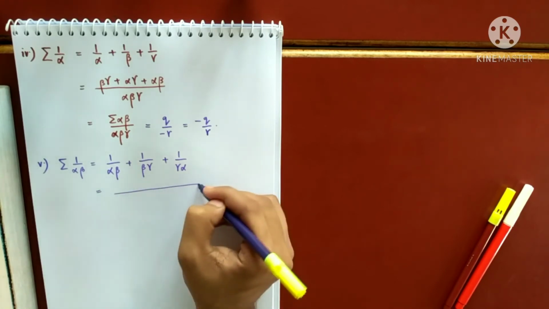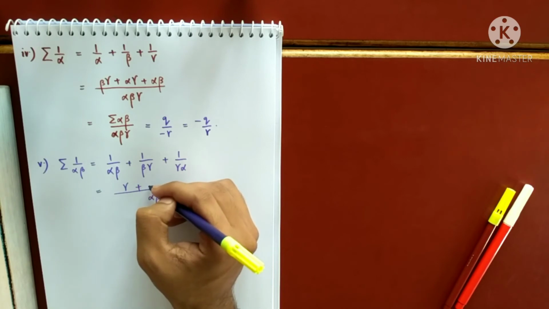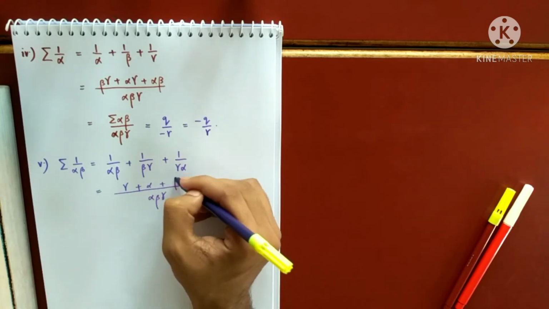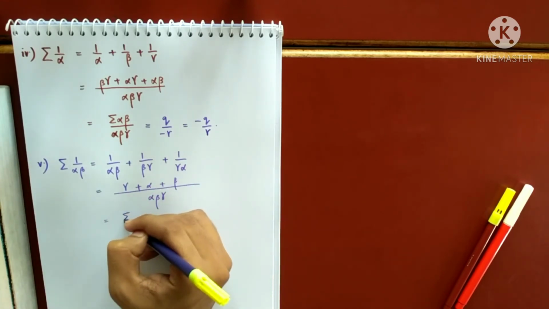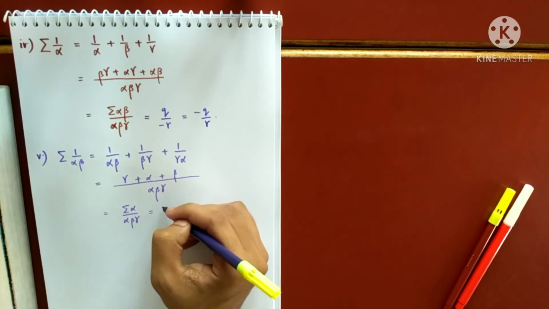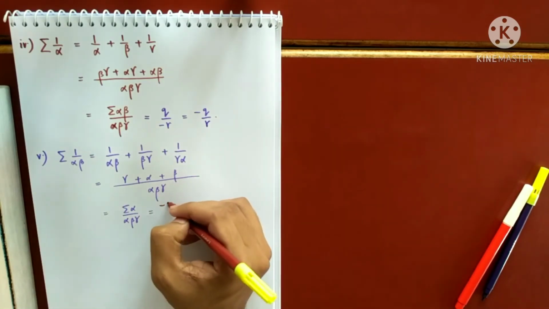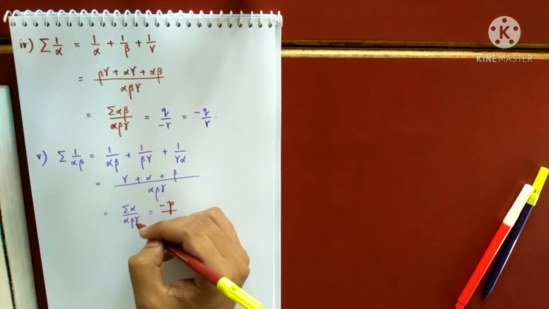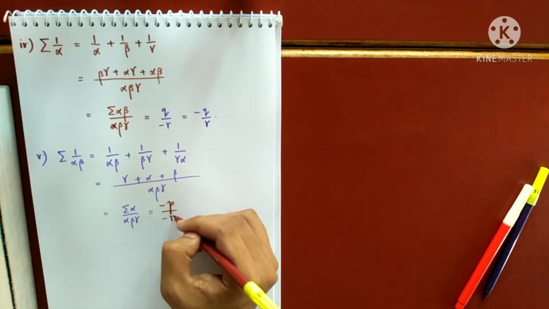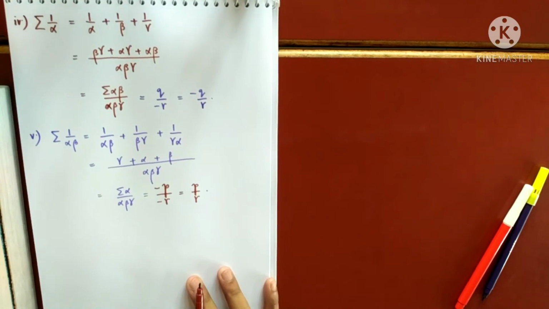And again the same thing, LCM remains alpha beta gamma. There is gamma missing, there is alpha missing, there is beta missing. This is nothing but summation alpha by alpha beta gamma, which is nothing but summation alpha is minus p, and summation alpha beta gamma is minus r. What am I getting? P by r is my answer.